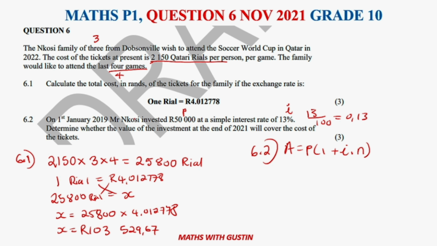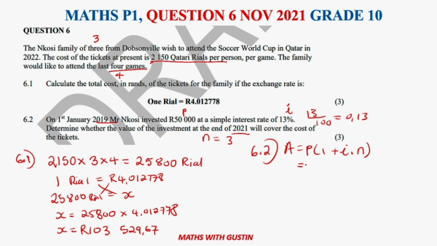So how long is this one? 2021 minus 2019 is our n, at the end of the year, or you can count it: 2019 December is 1 year, 2020 December the second year, 2021 December the third year. So it's going to be 3 years.